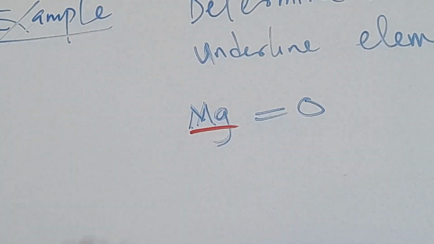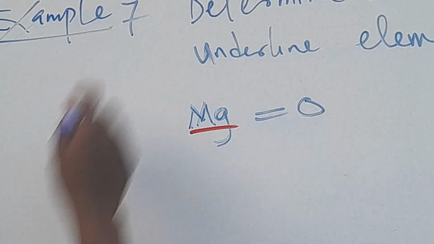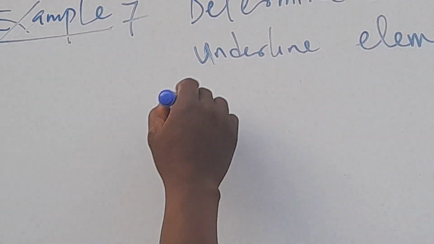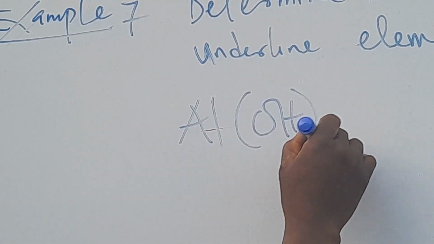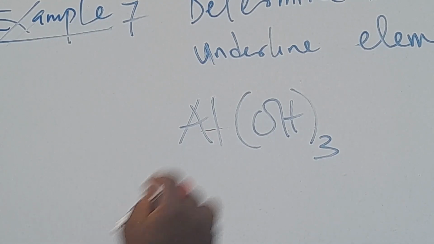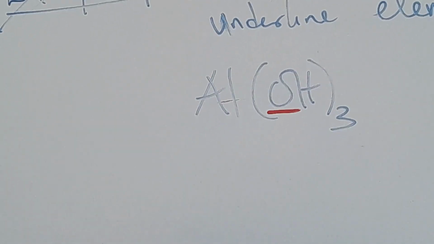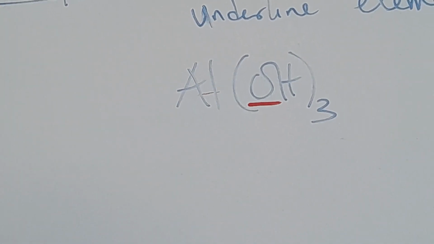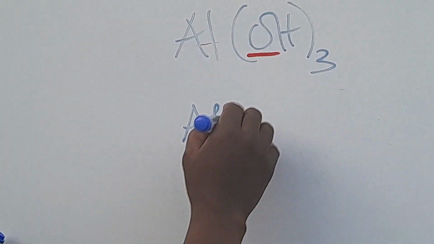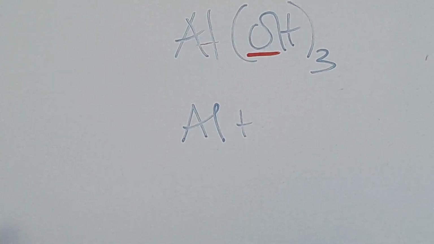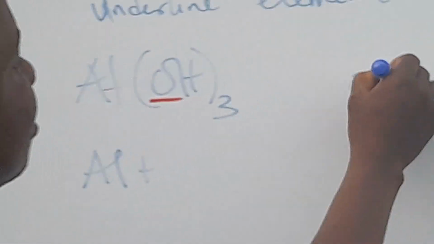Lastly, number 7. Whoa. Let's look at this compound. What is the oxidation state of aluminium in this compound? It's looking very strange, right? Which one is coming inside the bracket again? Okay, let's look at it. So we have Al plus, this is telling us we have hydroxide in 3 places.